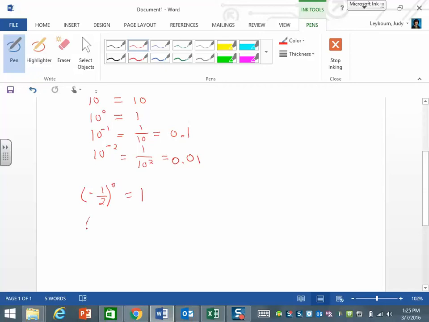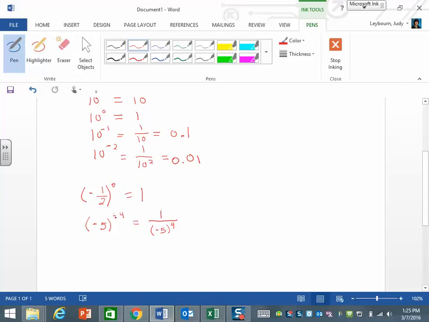And a number like -5 to the -4th means we take the reciprocal, and we have 1 over -5 to the 4th.